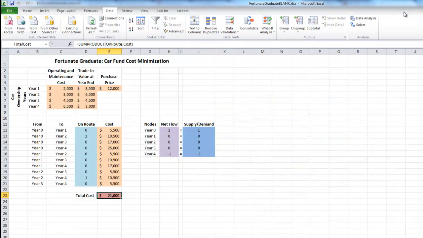And given our maintenance costs, given our trade-in values, and given our purchase price, that is the absolute minimum cost Connor can take on during these 4 years. And that's good because $21,000 is the exact amount his parents gave him right now at the end of his senior year. Well, that's it for this problem.